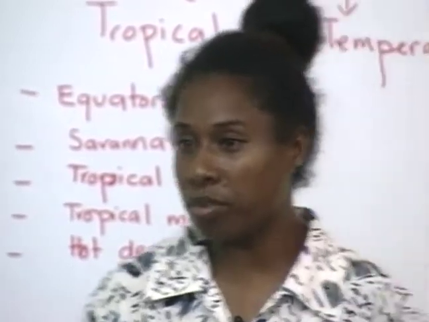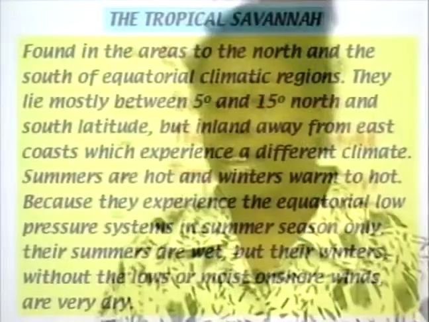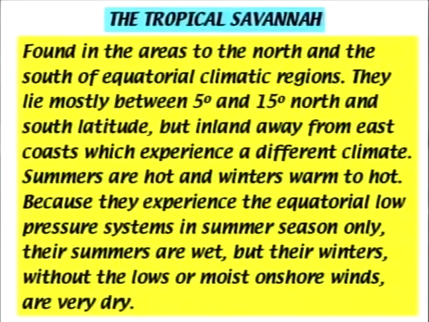We'll move on to the second, tropical climate. So you can check your booklet. The second tropical climate now is the tropical savanna. Okay, so I'll put up on the board B and B to represent tropical savanna.